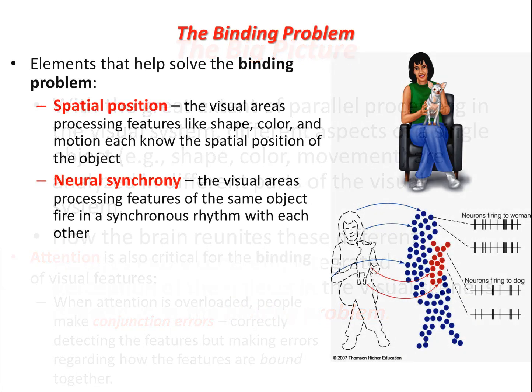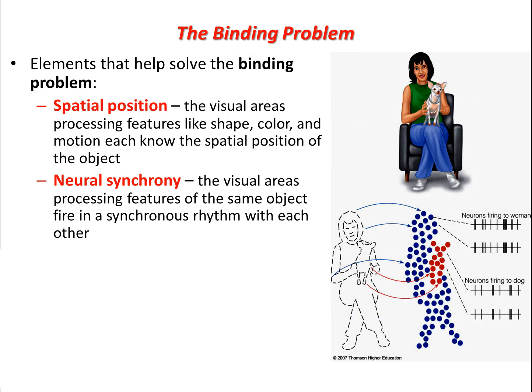The debate about how the visual system solves the binding problem continues, but several ideas have been proposed, elements of understanding about how the brain works that can help with the binding problem. The first of those is spatial position: the idea that all of the visual areas that are processing features of a particular object are aware of the spatial position of that object.